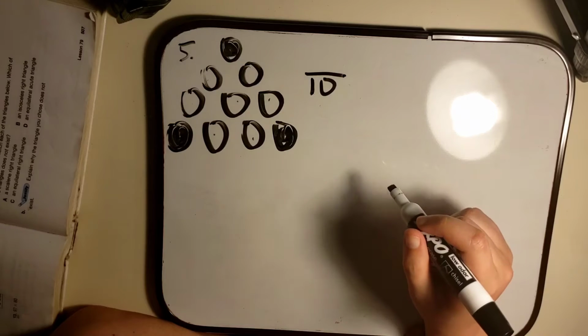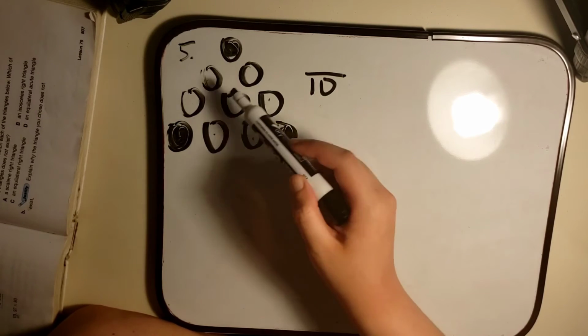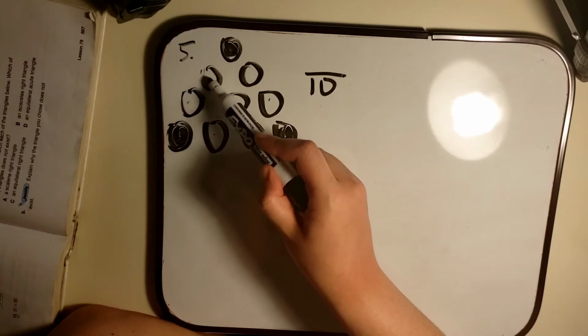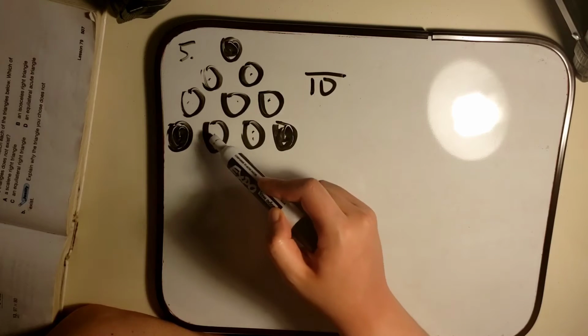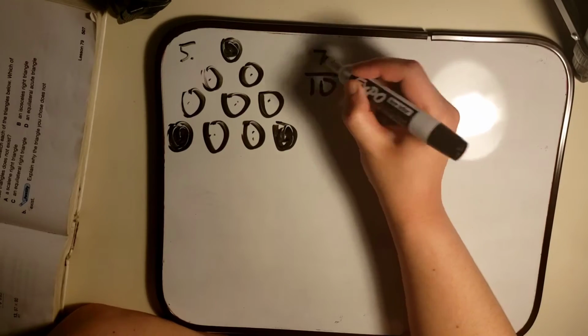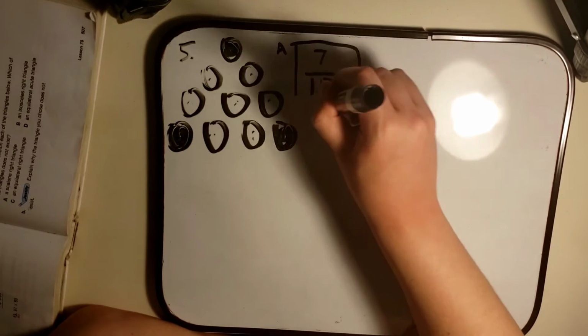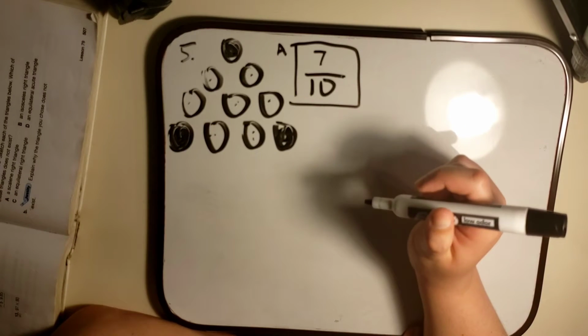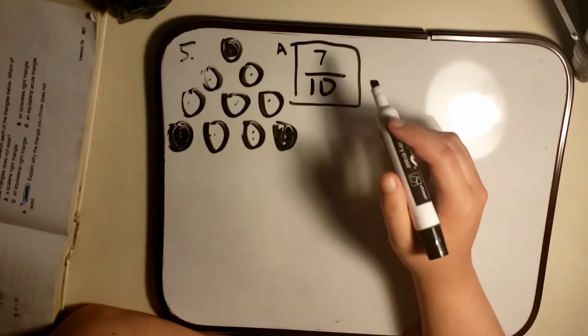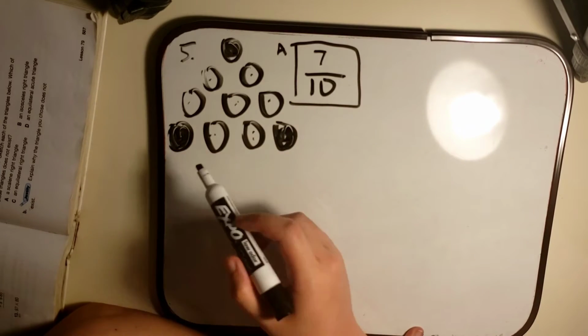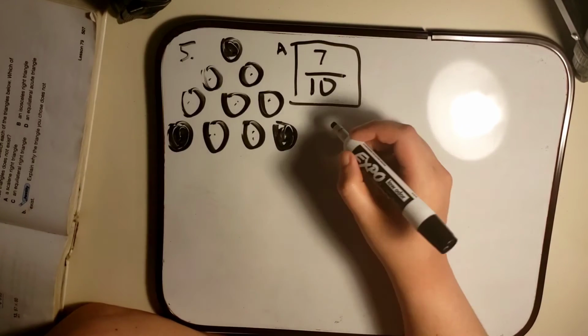And it says how many are not shaded. So we're going to count all of these that are not shaded. We have 1, 2, 3, 4, 5, 6, 7 that are not shaded. And B says what decimal of this set is shaded. So we have 1, 2, and 3 are shaded.